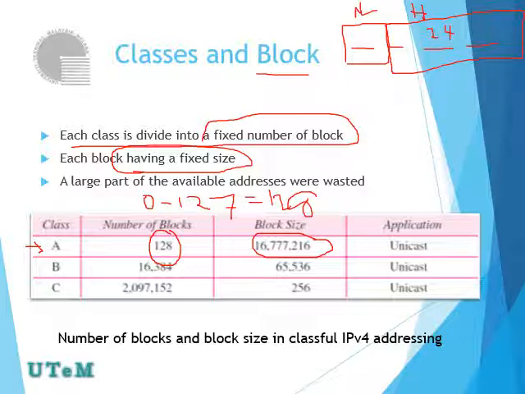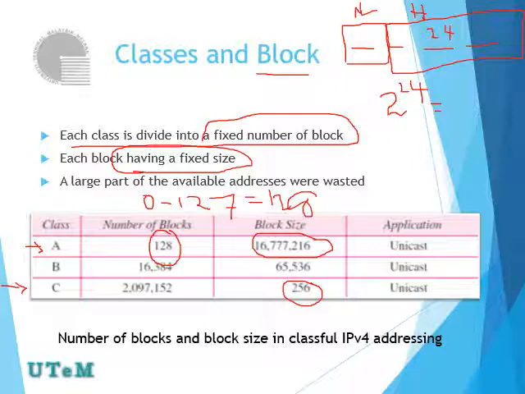To identify the block size, you calculate 2 to the power of 24, which is equal to 16,777,216.